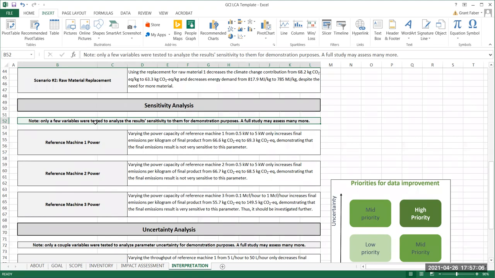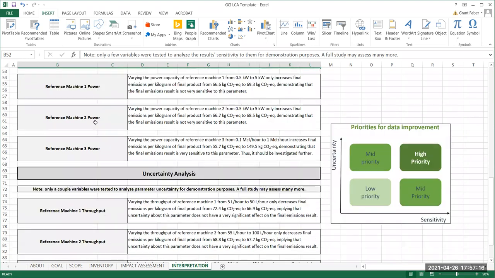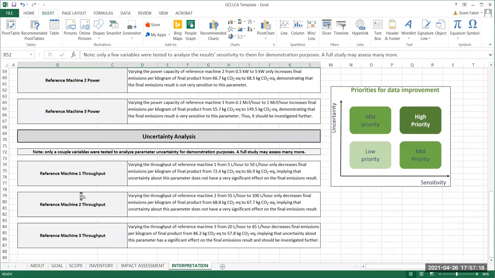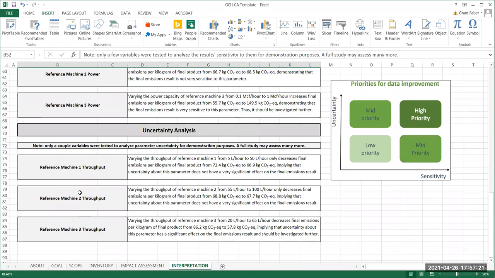A full study may want to assess many more, or even none at all, depending on the goal of the study and the interest of the researcher. Here we just assessed 3 for each of sensitivity and uncertainty, to demonstrate what goes into the analysis.